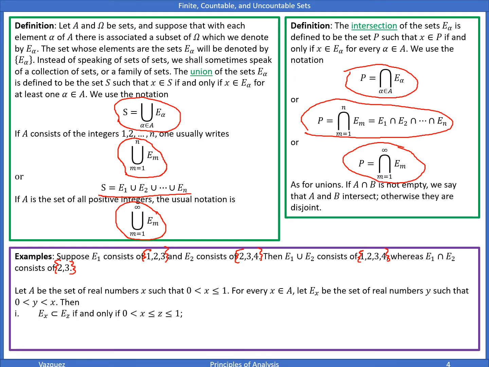Then we get that E sub x is a subset of E sub z if and only if 0 is less than x and x is less than or equal to z, which is less than or equal to 1. That one's pretty obvious, shouldn't be too hard to see. You can just draw a real line.